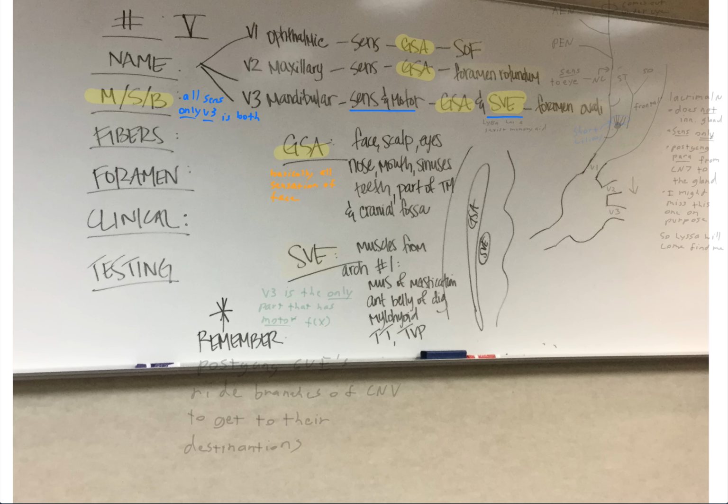So do you understand the importance of knowing why they are different? This is just sensation, except for the SVE, which we're going to talk about. A super important sensory nerve that can function alone regardless of the loss of motor function.